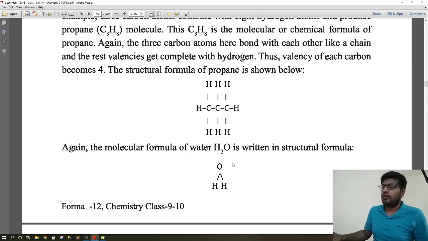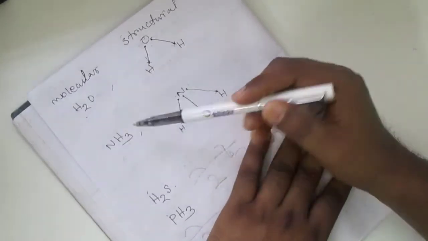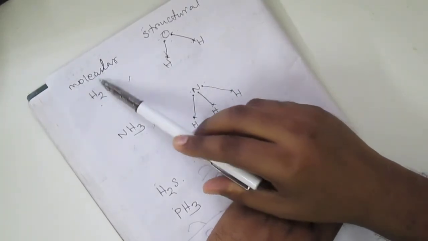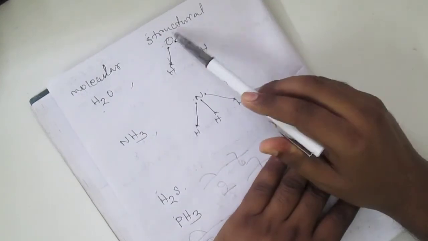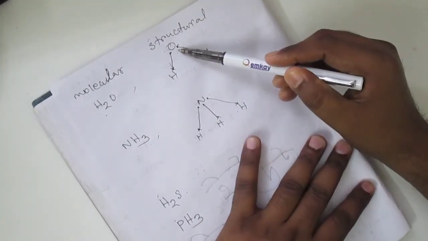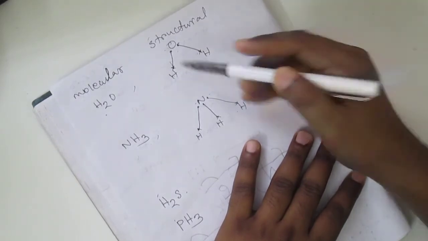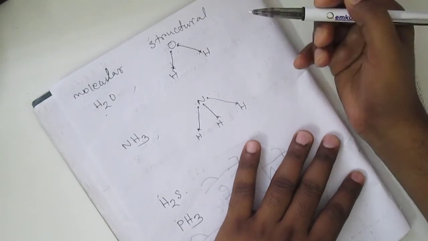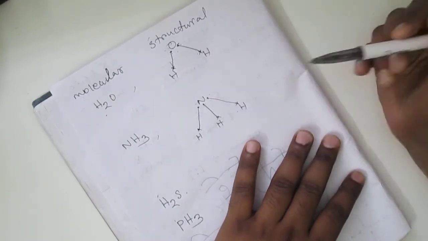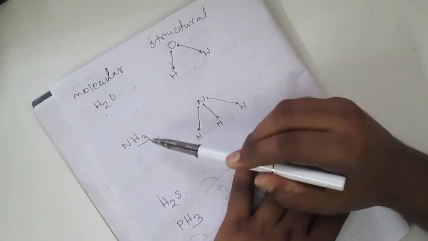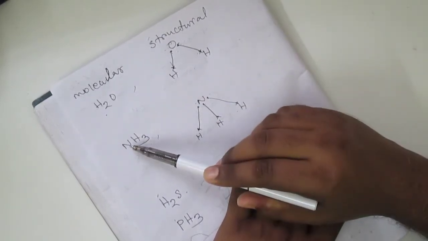So let us go to my copy again. In case of water, H2O is the molecular formula actually. In the structural formula, one oxygen atom is attached with 2 hydrogen atoms. So the valency of oxygen is 2, and the valency of hydrogen is 1 individually. In case of ammonia, 3 hydrogen atoms are attached with 1 nitrogen atom.